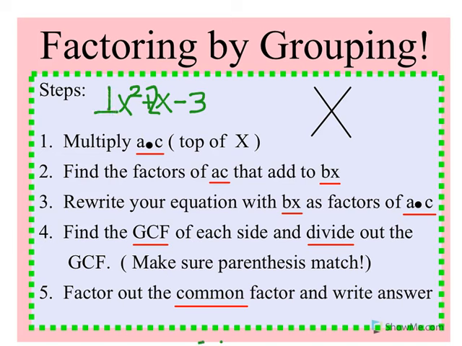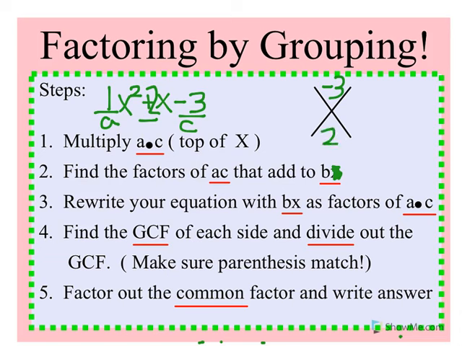This is my a. My c is negative 3. So if I multiply 1 times negative 3, I will get negative 3. Then I'm going to find the factors of ac that add to b. So ignore this x, do not write the x, just write the b. Well, the b is 2. So that number goes in the bottom of the x.